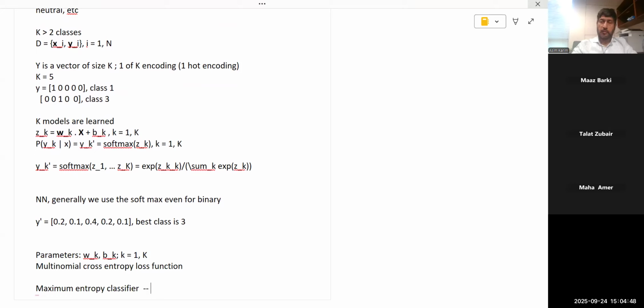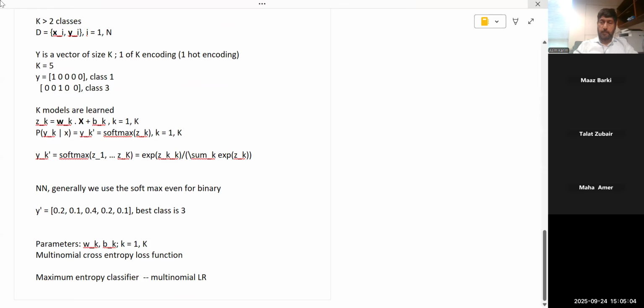So this is the same as multinomial logistic regression. It's the same thing, but nowadays hardly anyone uses maximum entropy classifier. Most people use the logistic regression name.